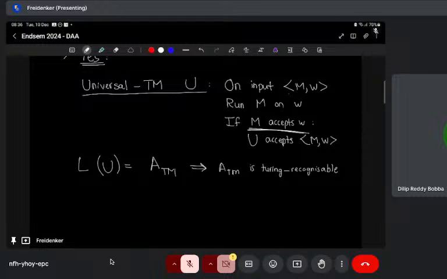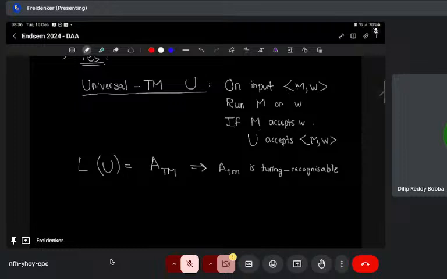But we are not bothered about that. We don't have an else case here. Only if it accepts do we take it.